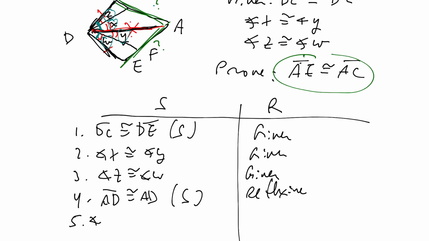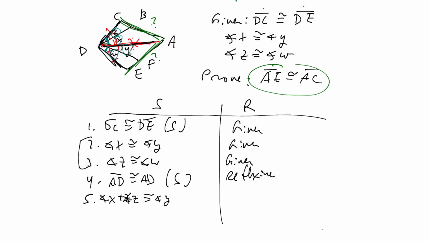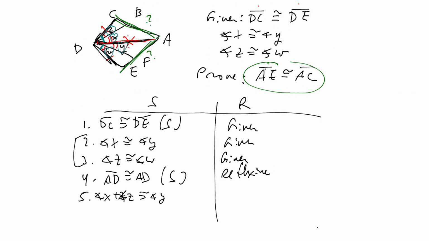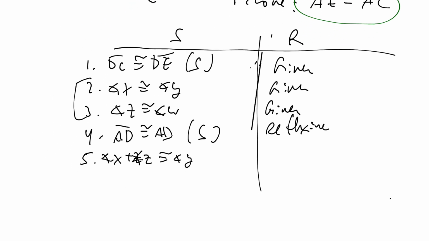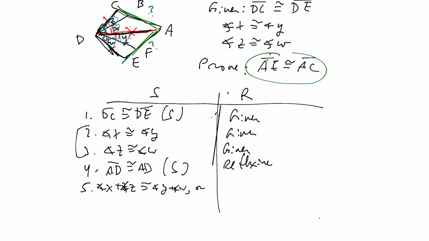Angle, basically I'm taking these two lines. Angle X plus angle Z is congruent to angle Y plus angle W, or together it's angle CDA is congruent to EDA.